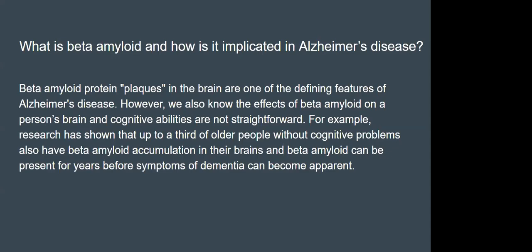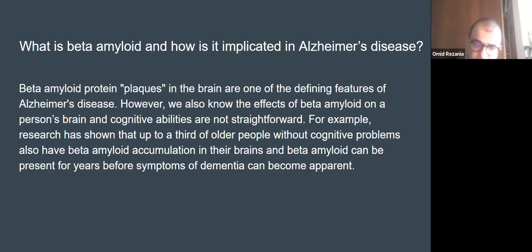For example, research has shown that up to a third of older people without cognitive problems also have beta amyloid accumulation in their brains, and beta amyloid can be present for years before symptoms of dementia become apparent.